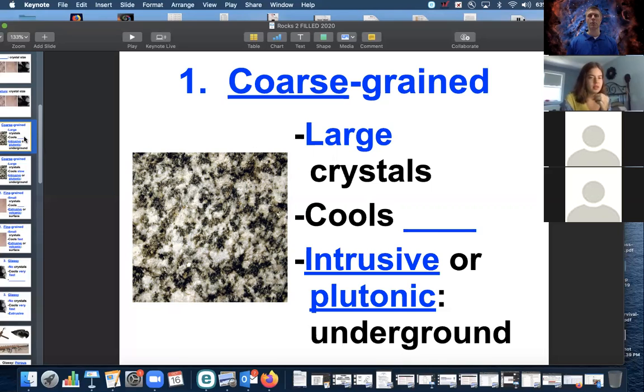They're easily visible. As soon as you determine that it's coarse grained, that immediately tells you a couple of other pieces of information. Large crystals tell you that it cools slowly. So it takes a long time to cool down. The reason we know that is because of the large crystals.